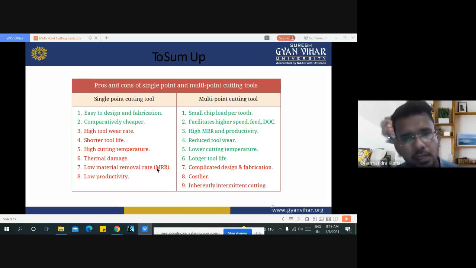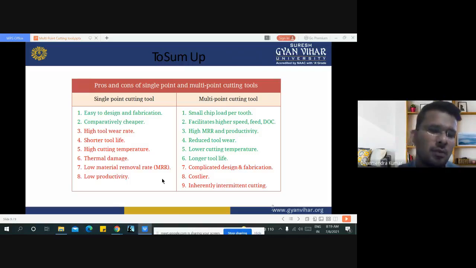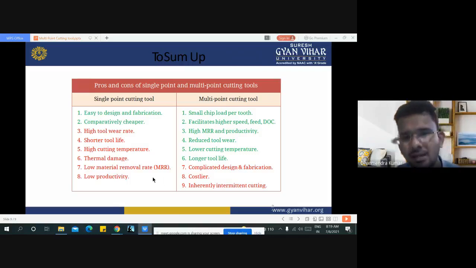The single point cutting tool provides a low material removal rate, MRR, while the multi-point cutting tool produces a high material removal rate and productivity, or we can say the rate of production is high when we use a multi-point cutting tool.